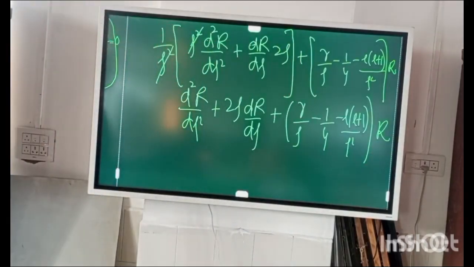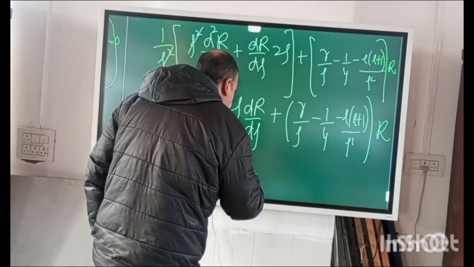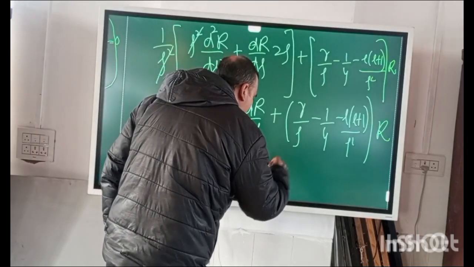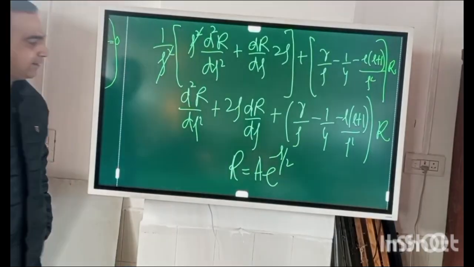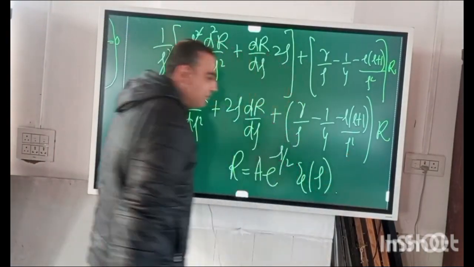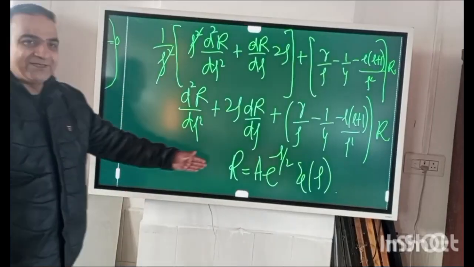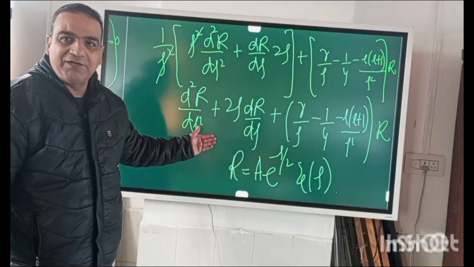So this is our differential equation now, and its solution is r is A e to the power of minus rho by 2 zeta of rho. Right? Now looking at this solution, I have got to substitute that in my differential equation.